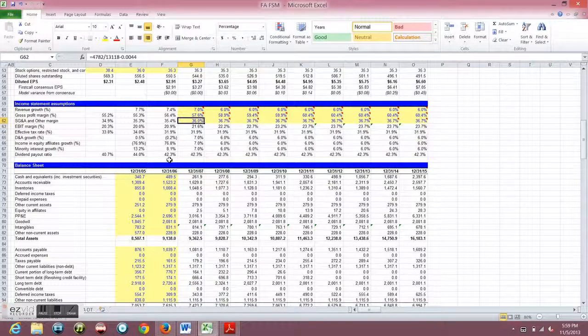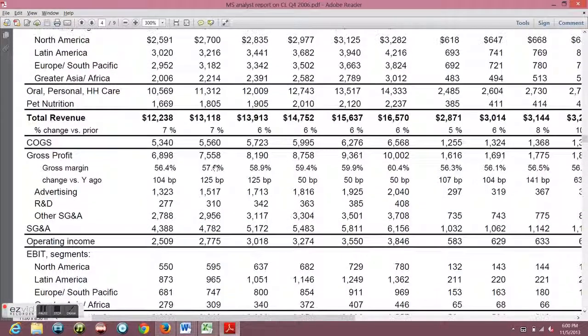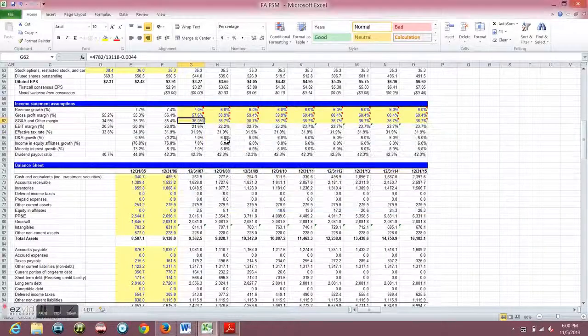Essentially we're doing 4782 over 13,118, and let me first show you where we got this number from. 4782, which is our SG&A, divided by our revenue, 13,118. We found the proportion of our other expenses from the previous year, and then subtracted it out of SG&A and other margin.